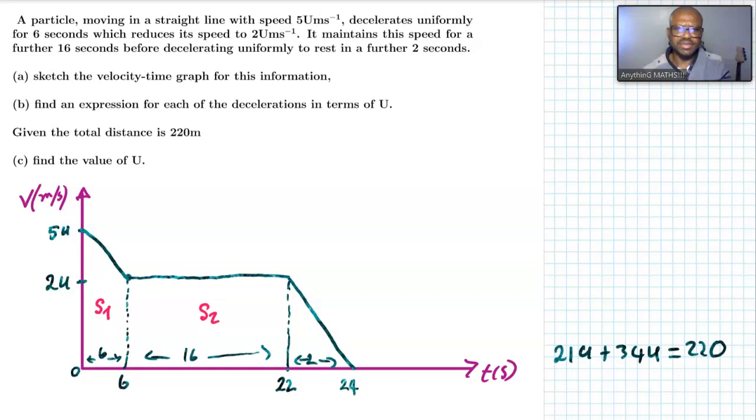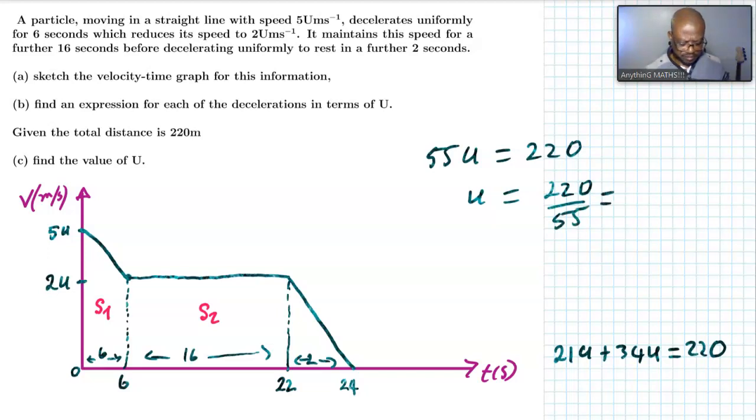Doing the sums, we're going to get 55u should be equal to 220. Divide both sides by 55. 220 over 55, you take your calculator. Divided by 55, you get 4 seconds.